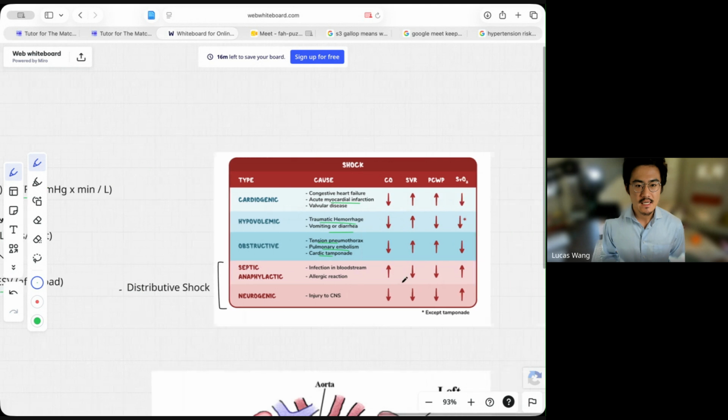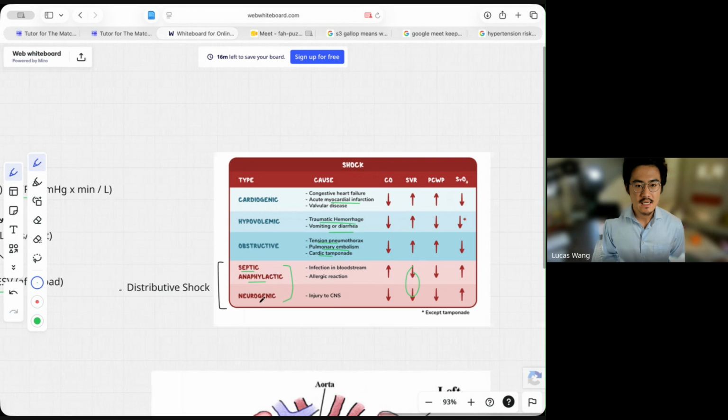For distributive shock, what ties those subcategories together is going to be a fall in systemic vascular resistance. We understand that for sepsis and anaphylaxis, these are just out of proportion immunologic responses to some sort of antigen or to bacteremia or sepsis. That's what's going to cause the fall in systemic vascular resistance.